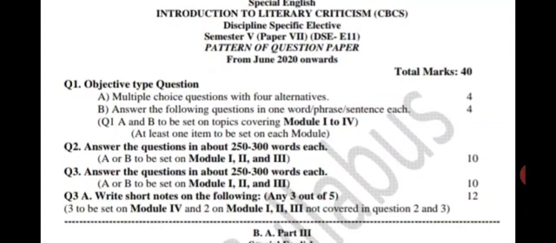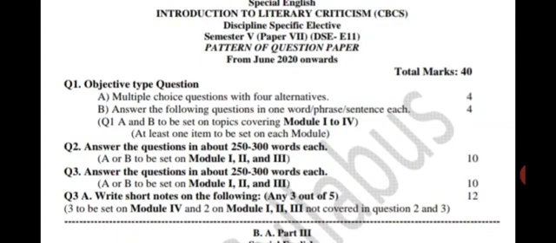Next part, answer the questions in about 250 to 300 words. Here, for module A or B, that is for 10 marks. Again you are going to give answers of 250 to 300 words each on any 3 modules.